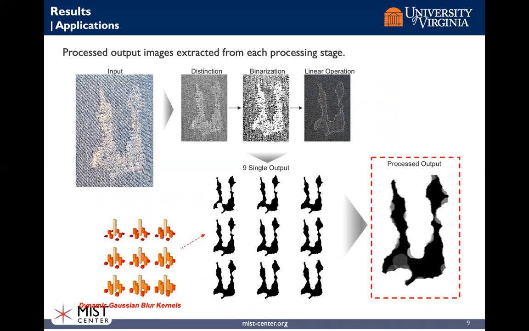Through those Gaussian blur kernels, we were able to achieve 9 different images from the single input, and we combine those 9 output images into a single process output. And as you can see from the right figure below, it is clearly seen that we were able to extract the defect from those uniform fabric patterns.